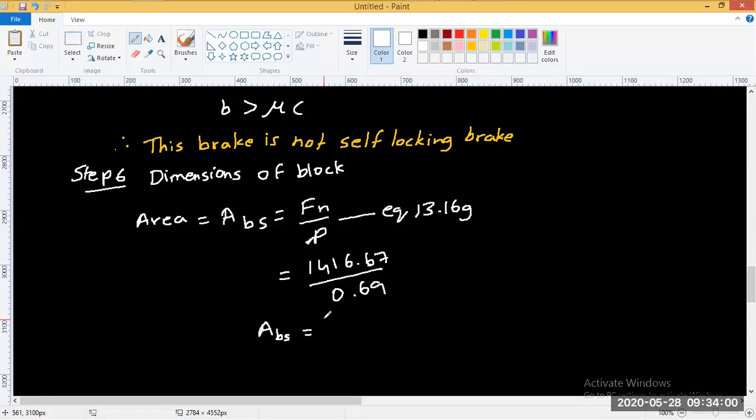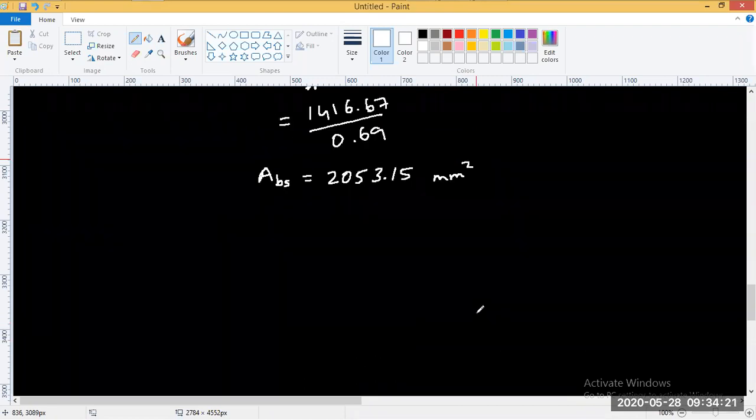So 1416.67 over 0.6, that is coming around 2053.15 mm square. So that's the area which is in contact, which is the required area of the brake shoe so that it stops the vehicle, or the drum in this case.